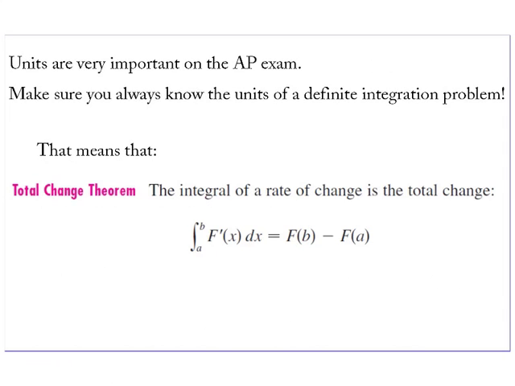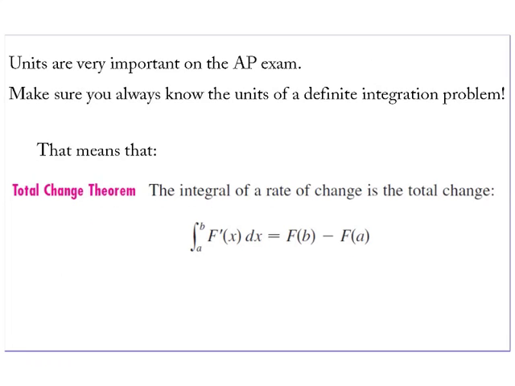Okay, units are super, super important. That was a velocity problem, but it goes with anything. And you'll see a strange example on the next page, or actually in a few pages. But whatever this is, in that case it was feet per second, you take the antiderivative, and it's going to be called the total change theorem sometimes.